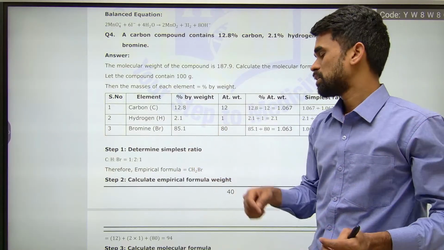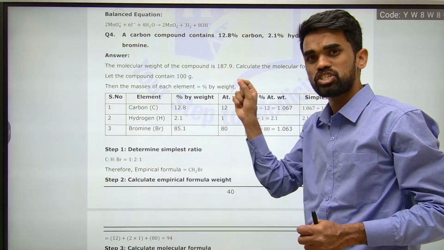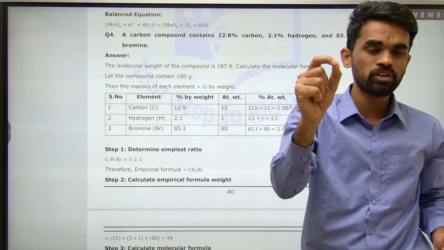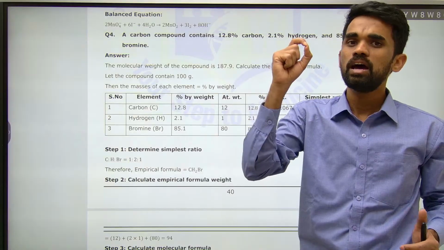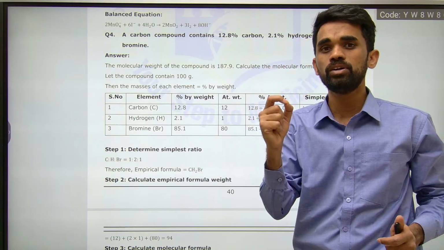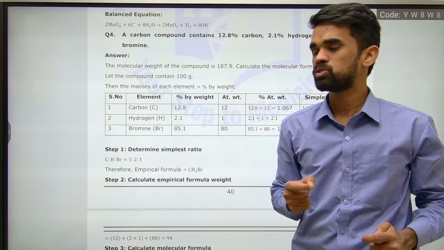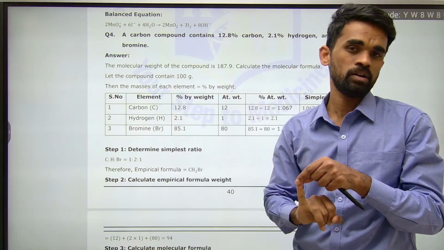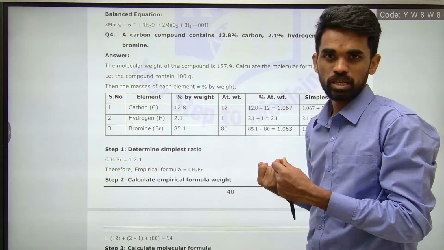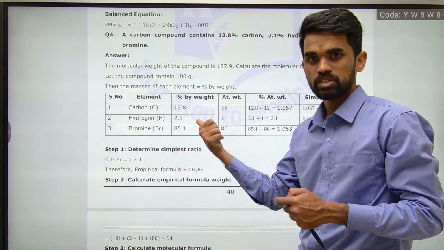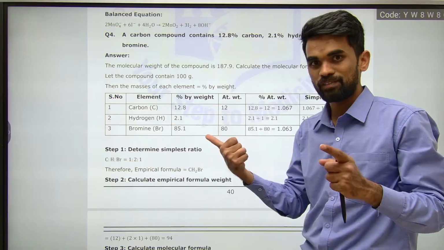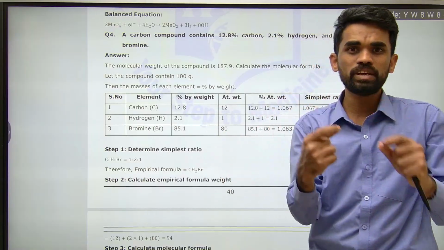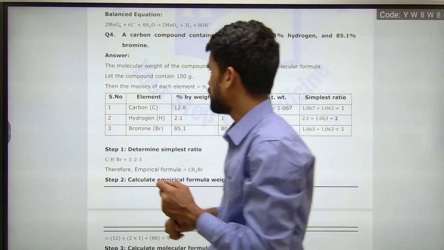Guys, whatever you are preparing from this chapter for your IPE exam is highly helpful for your competitive exams also. Balancing equations is really very important, and calculating empirical formula and molecular formula is also very important. So just listen to me, I will explain.